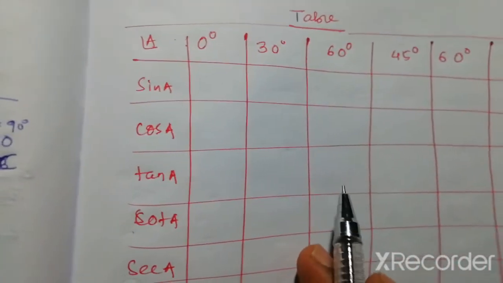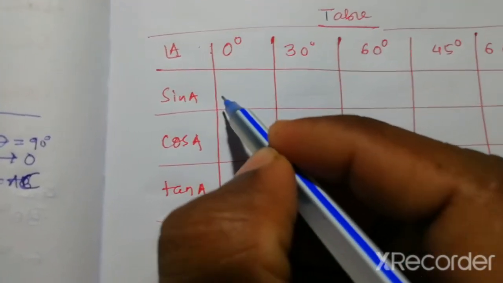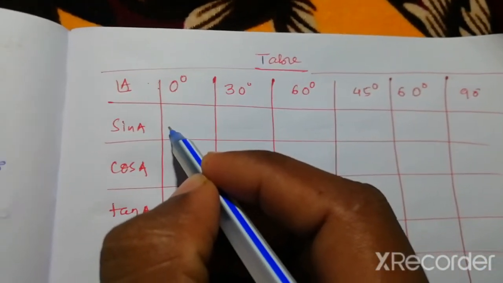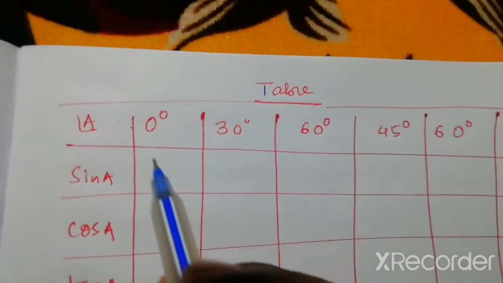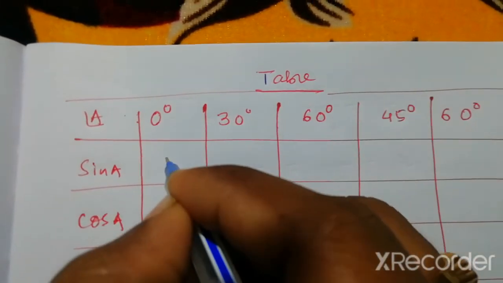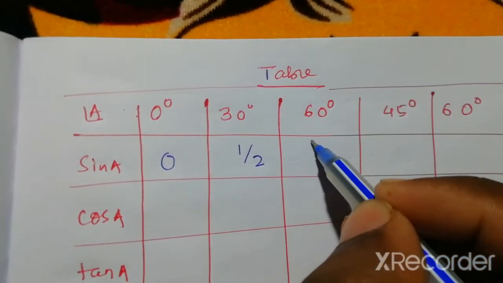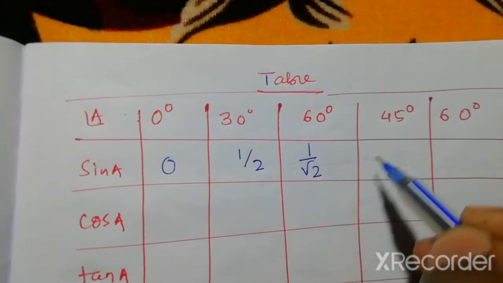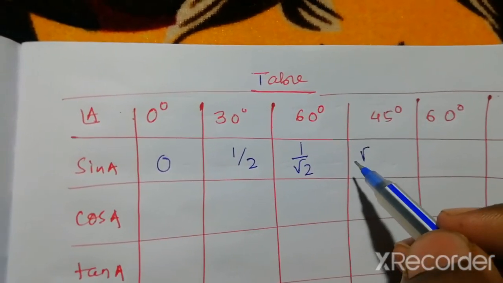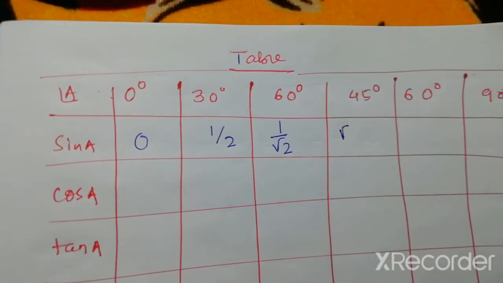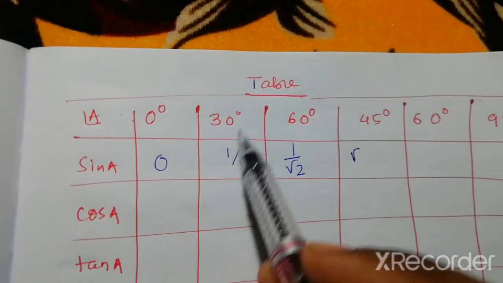The values of sine start from 0 degree: 0, half, 1 by root 2, root 3. The table needs a slight change.